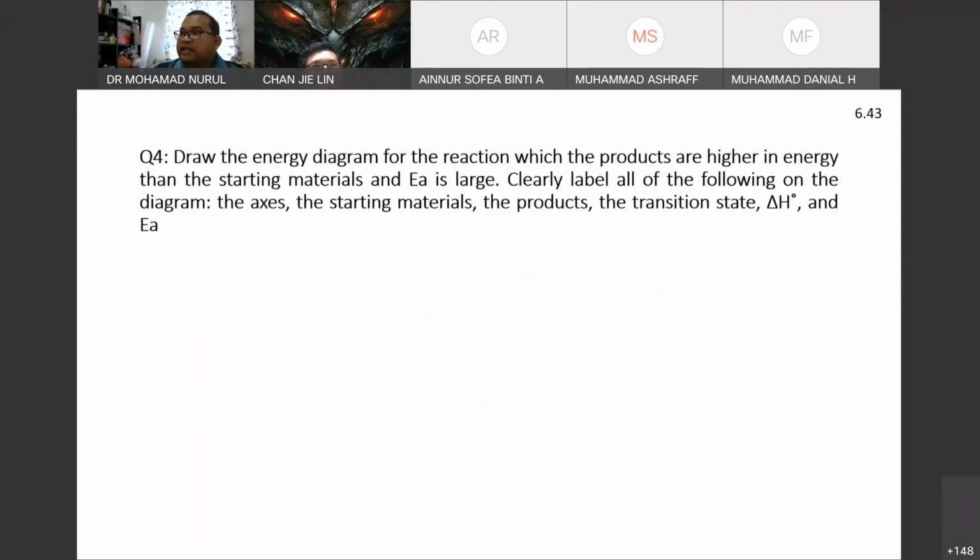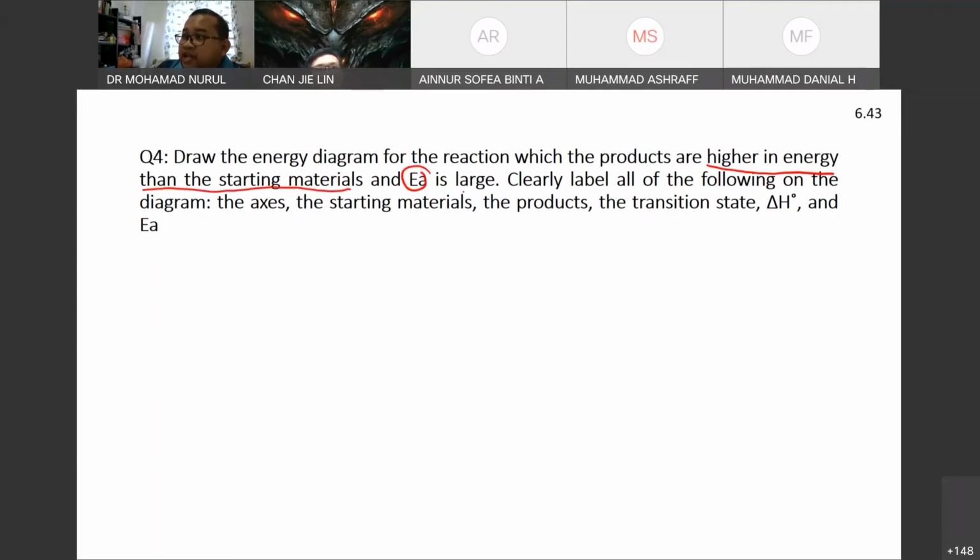So, okay, draw the energy diagram for the reaction where the products are higher in energy. They give a few clues here. What they said, higher in energy than the starting material, is the first clue.